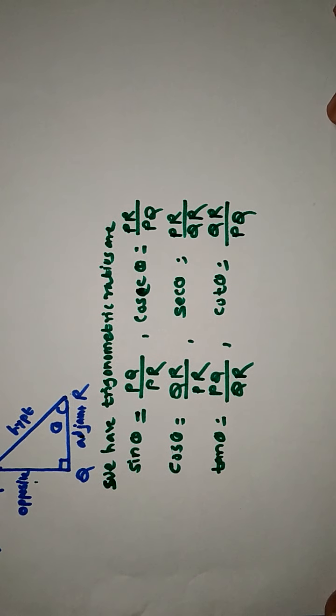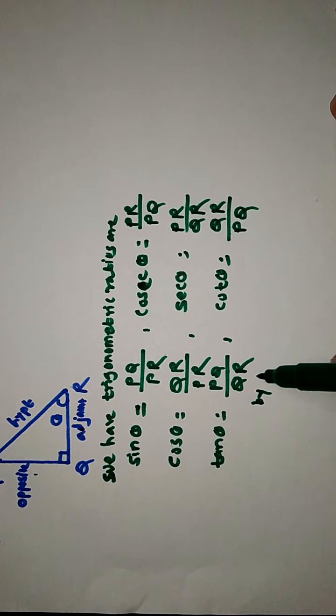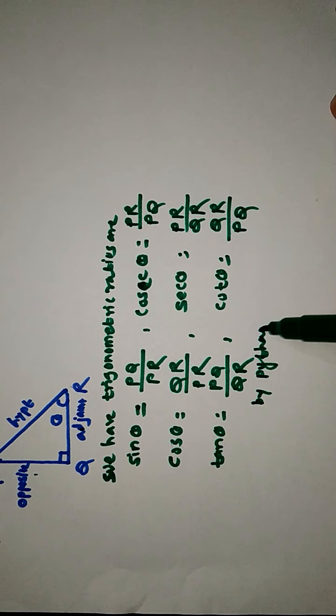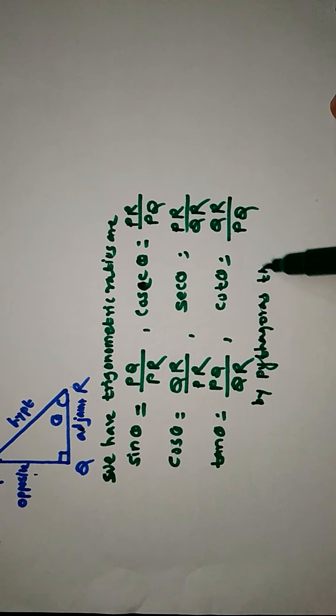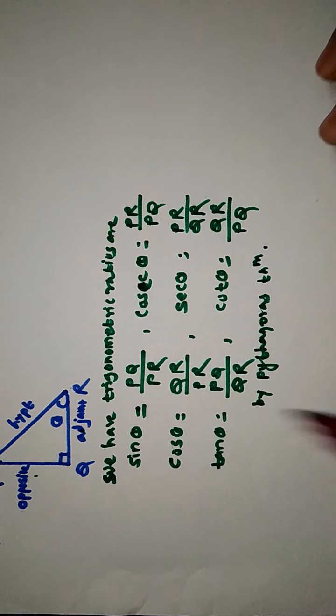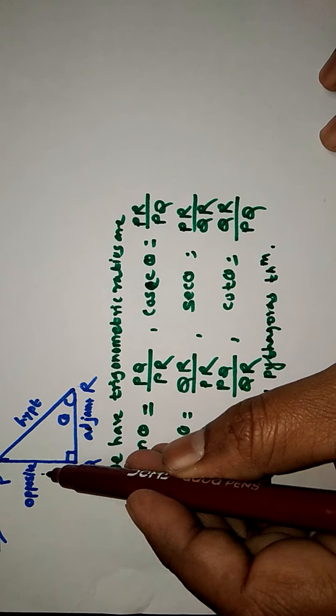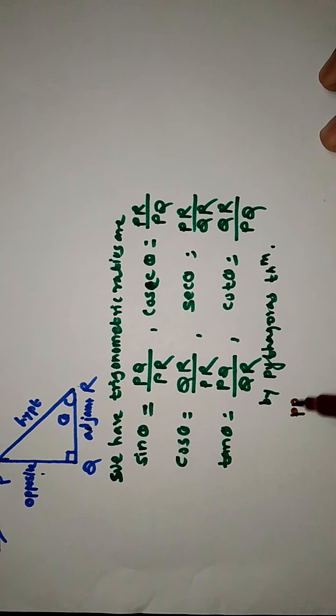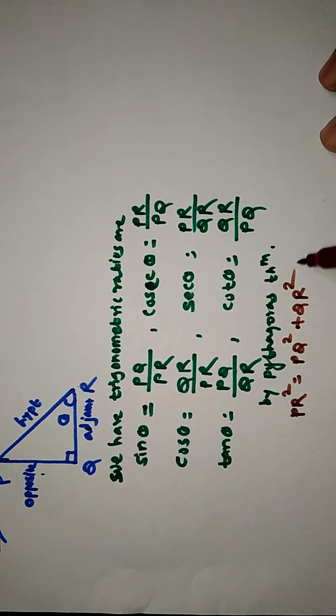Now use the Pythagoras theorem. The square of the hypotenuse is equal to the sum of squares of the remaining sides: PR square is equal to PQ square plus QR square.